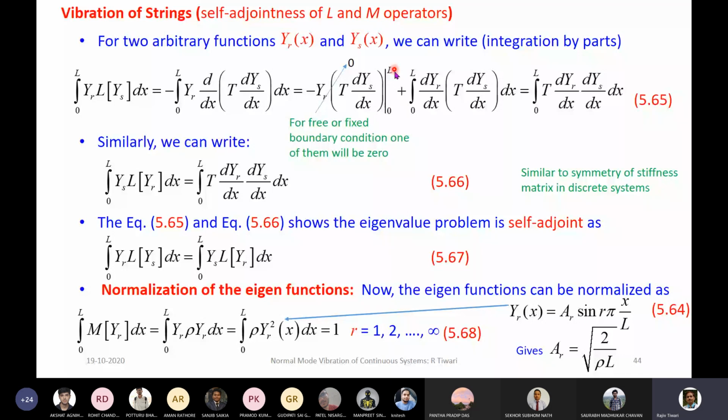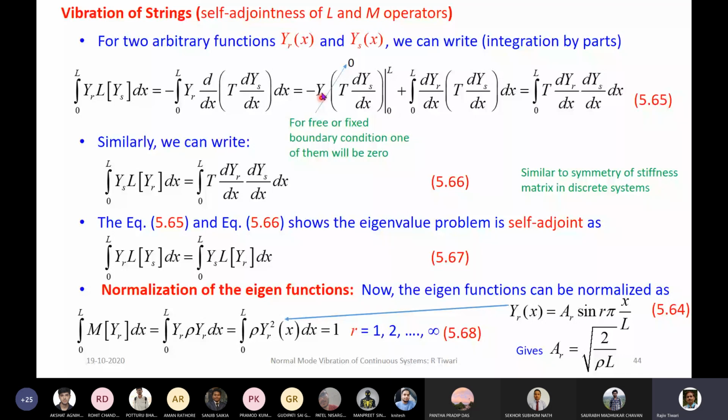This boundary part, if we check for any boundary condition, let us say the cantilever case, at x equal to 0 we have displacement 0. So when we put x equal to 0 here, this quantity will be 0.